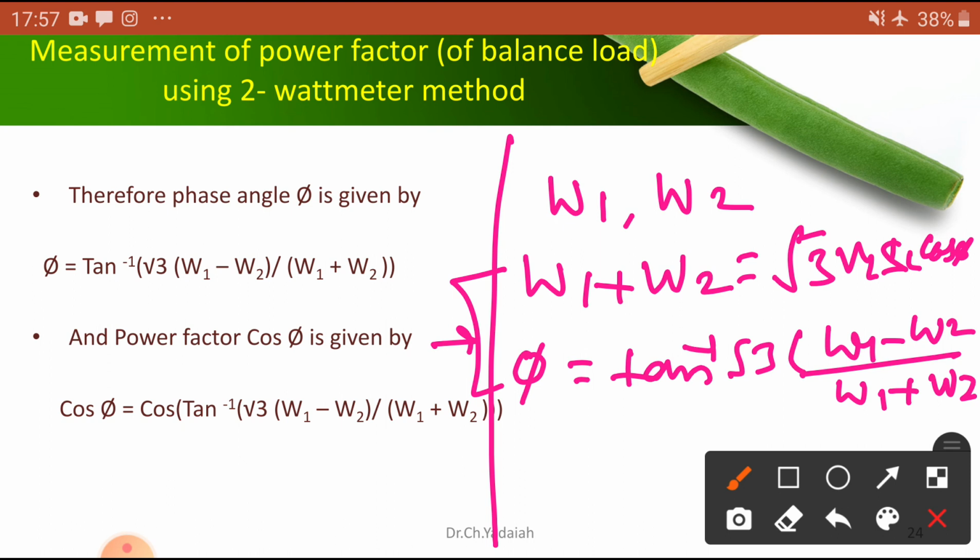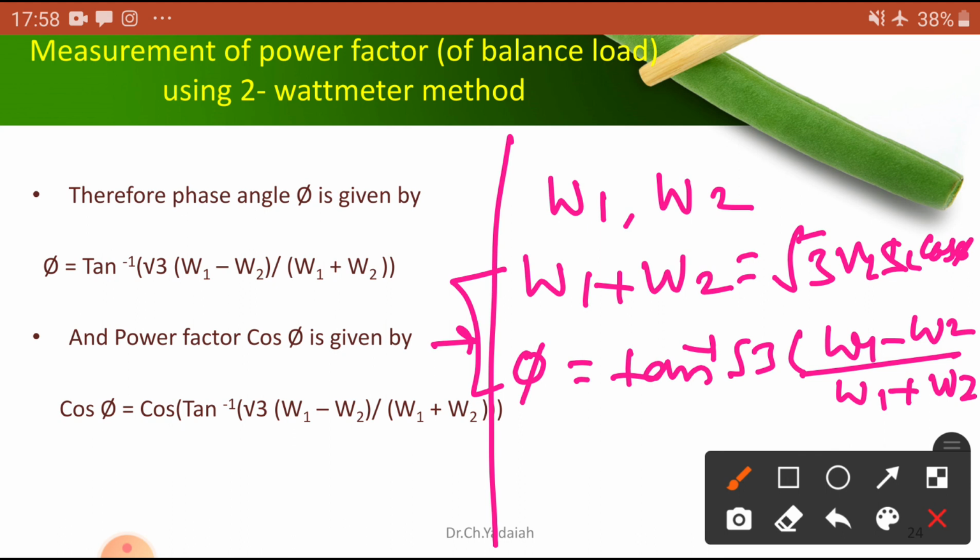While we do the experiment on 3-phase induction motors, sometimes the meter readings go in the opposite direction, reverse, below the zero reading, and sometimes the two wattmeters show equal readings.